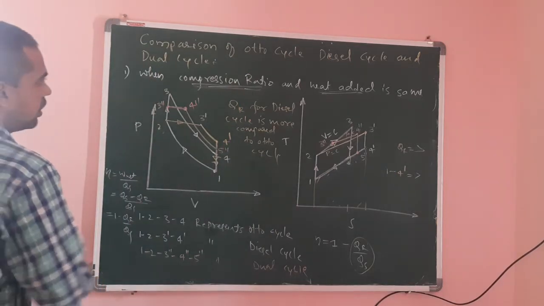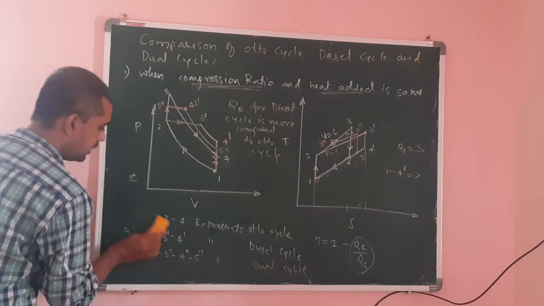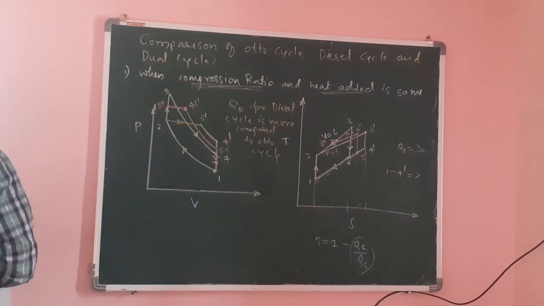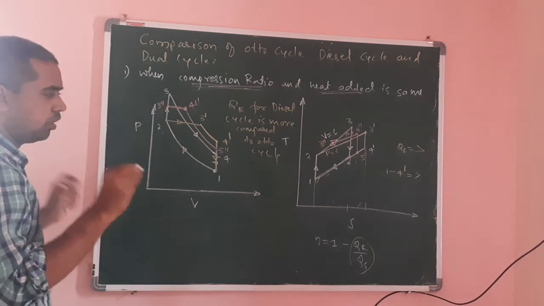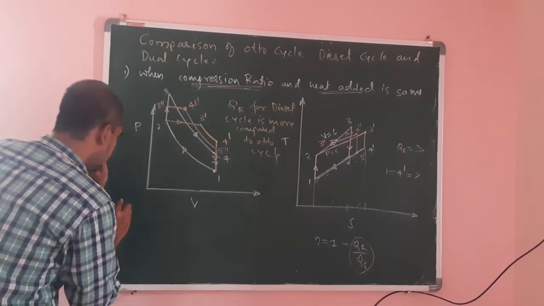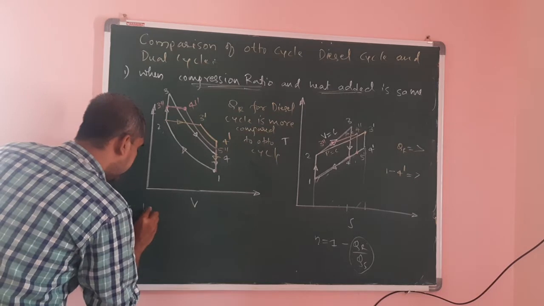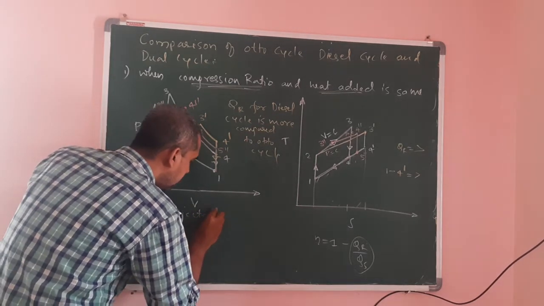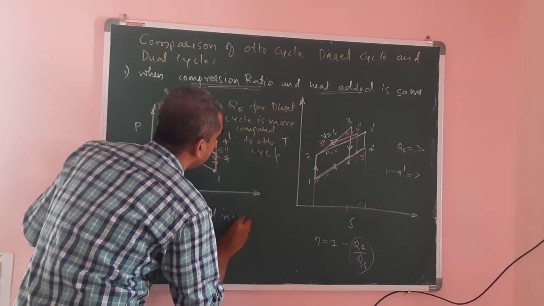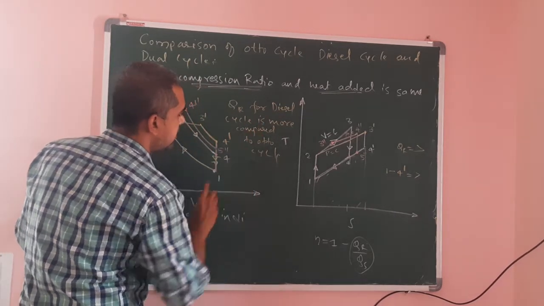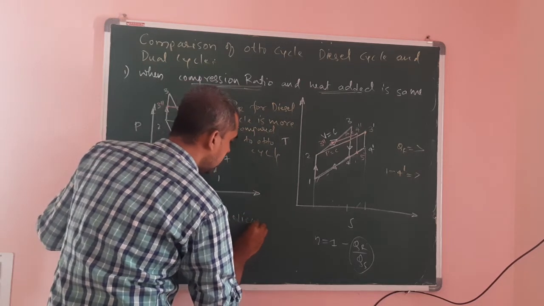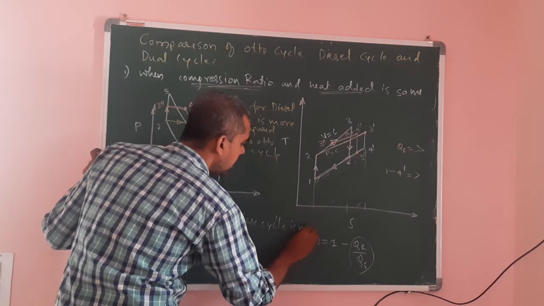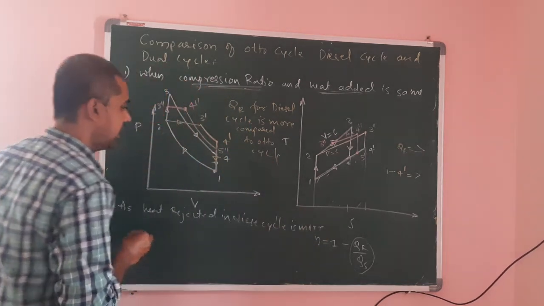Therefore, for the same compression ratio and heat addition, heat rejected QR in the diesel cycle is more compared to the Otto cycle.